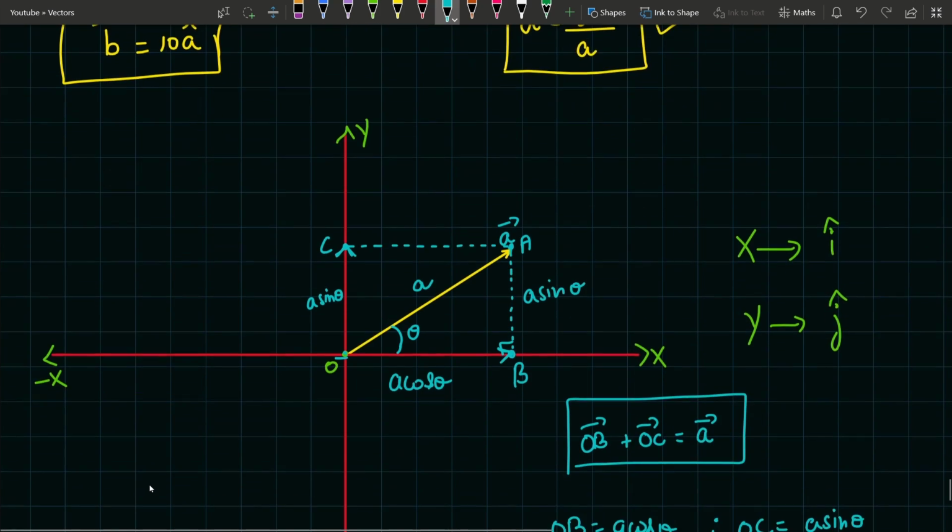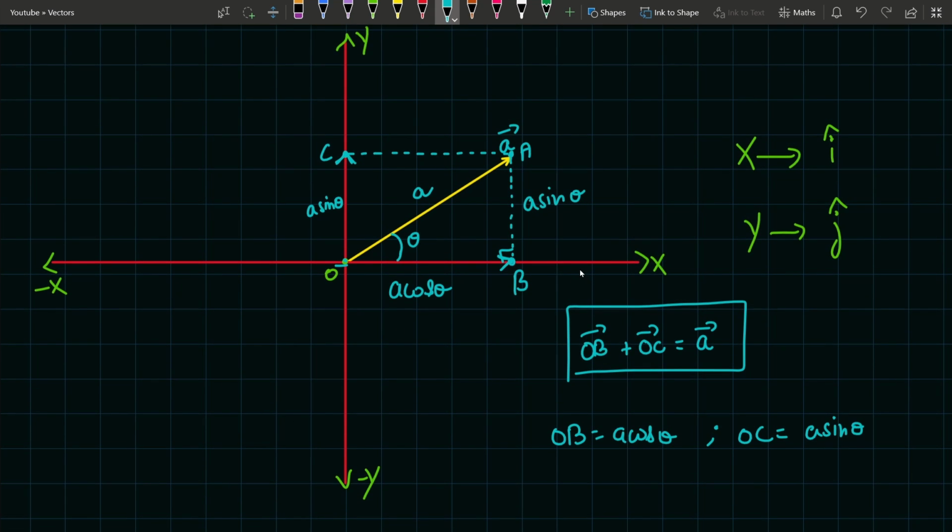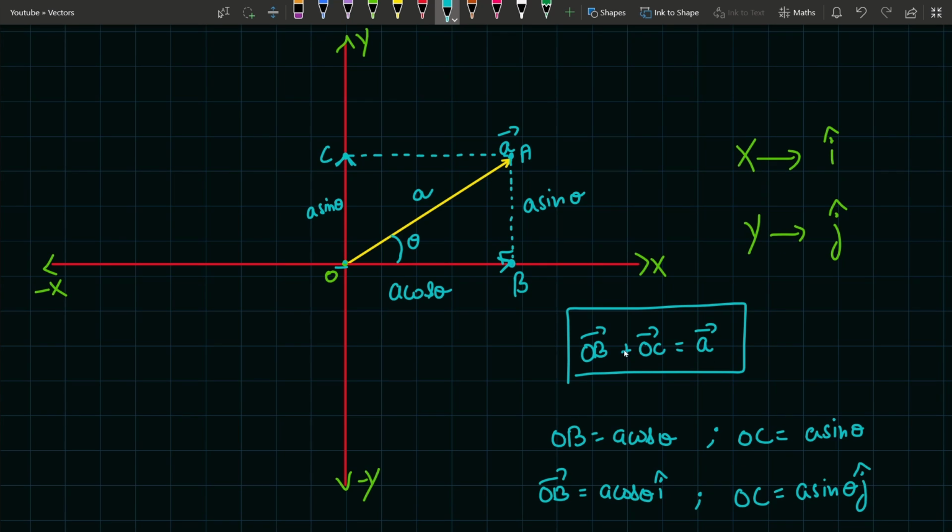Similarly, here I know the unit vector in the x direction. I want a vector OB such that its magnitude is A cos theta and it is in the x direction. Therefore, OB vector can be written as A cos theta into i cap, and OC vector can be written as A sin theta into j cap. So now I can represent A vector as A cos theta i cap plus A sin theta j cap. Therefore, A vector equals A cos theta i cap plus A sin theta j cap.